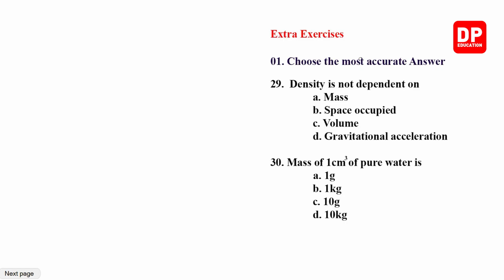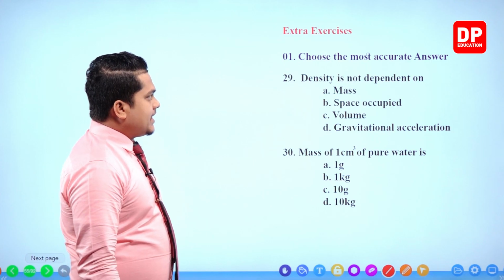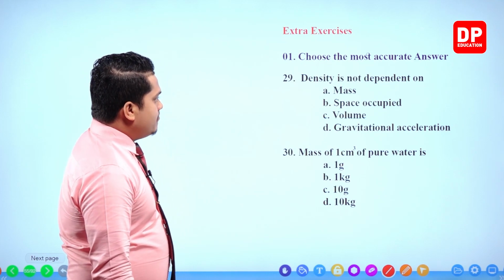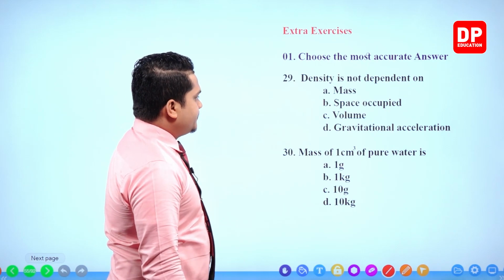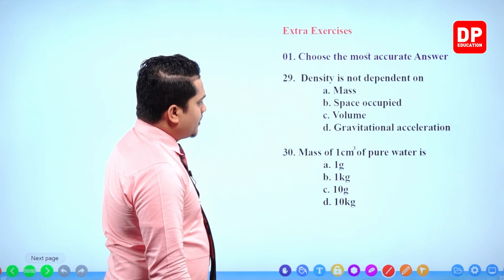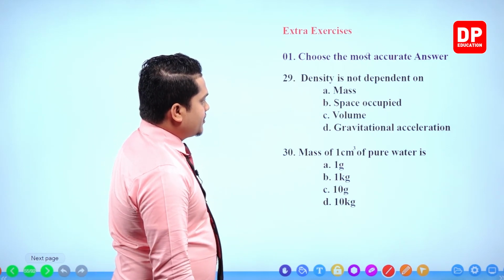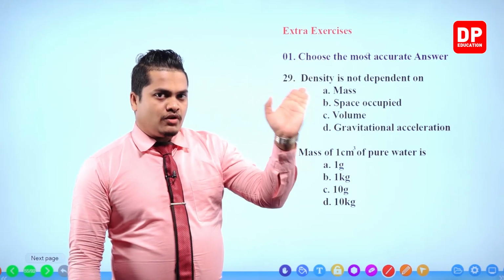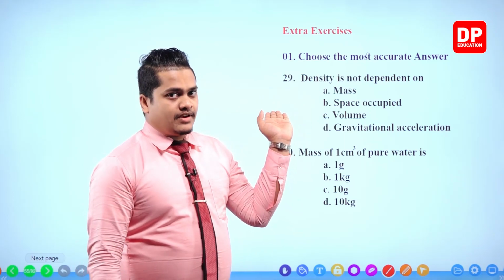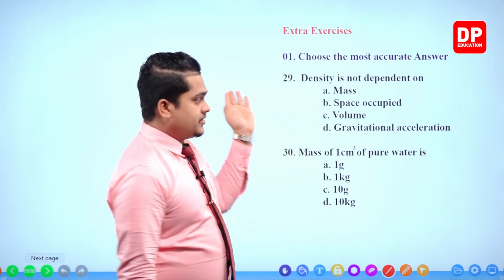Density is not dependent on mass, space occupied, volume, or gravitational acceleration. You know that density is equal to mass over volume, so definitely it is dependent on mass.